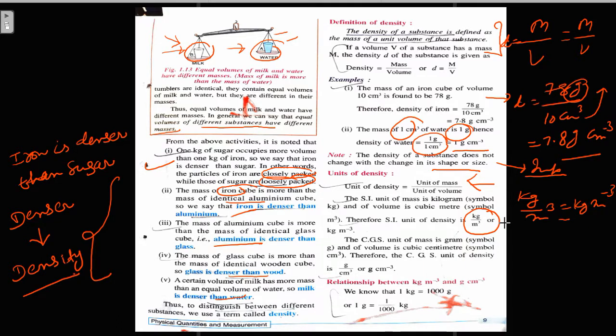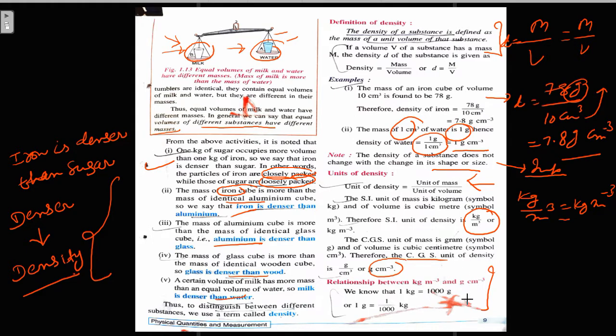The smaller unit is CGS, centimeter gram second, so the CGS unit is gram per centimeter cube. Here is the relation between kilogram meter minus 3 and gram centimeter minus 3.